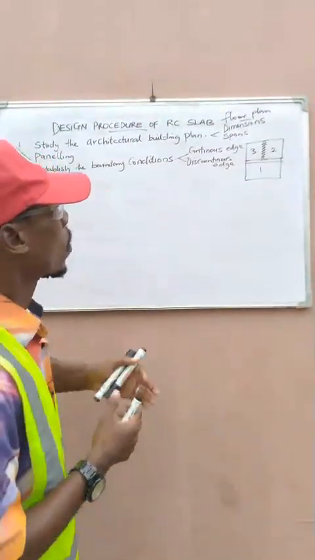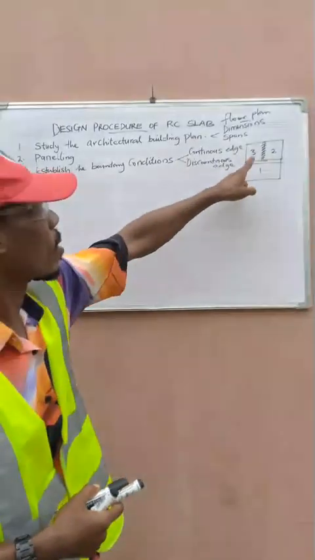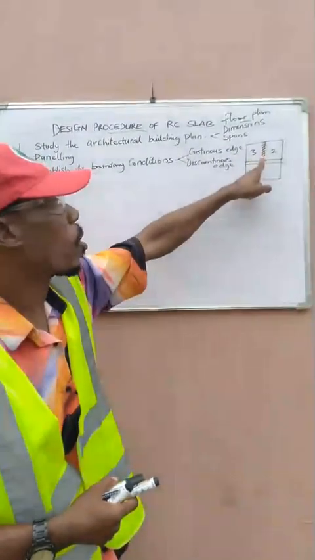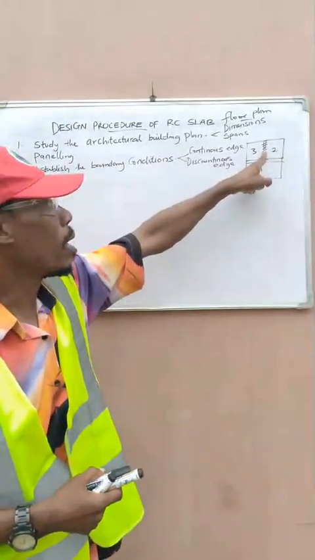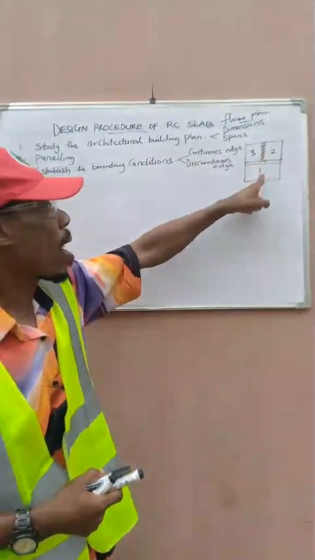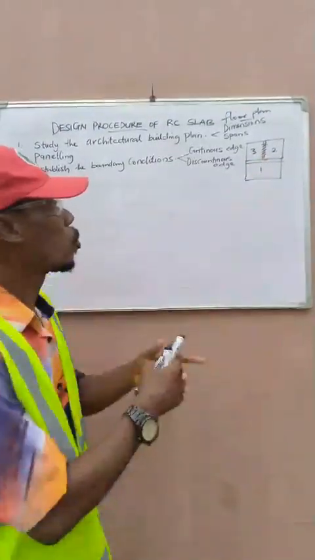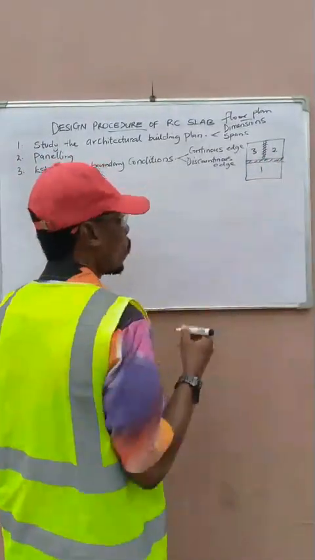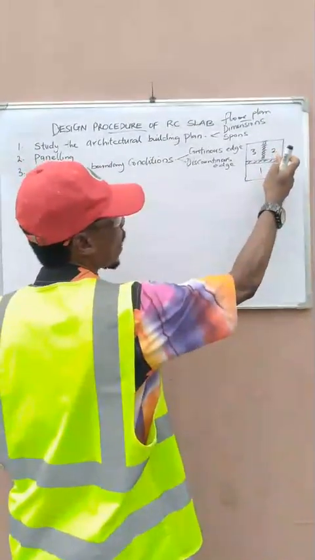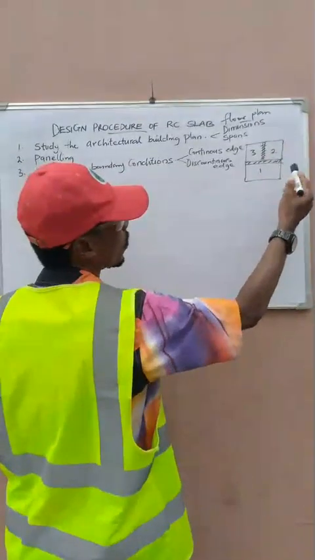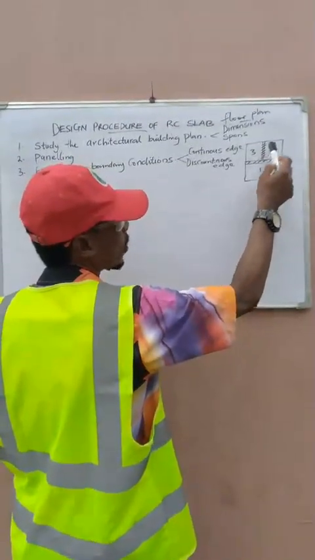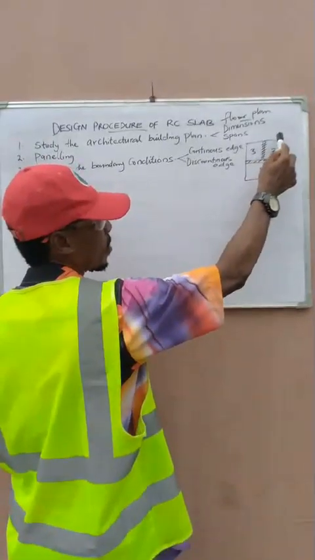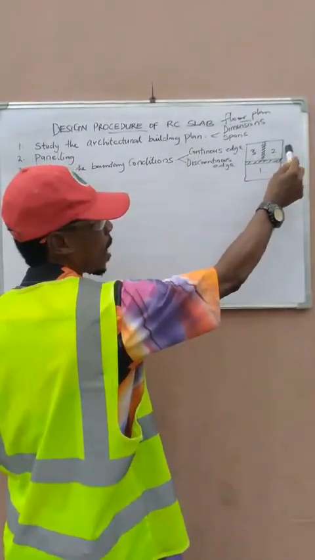Now understand that at this point, 2 and 3 are continuous because they are connected to a beam, while 1 is also connected to 2 and 3 at this point. If you look at panel 2, you see that it is continuous at this edge, continuous at this edge, but discontinuous at this edge as well as this edge.